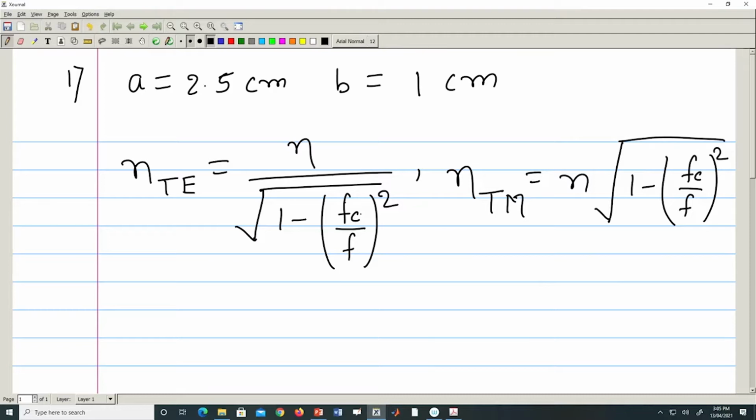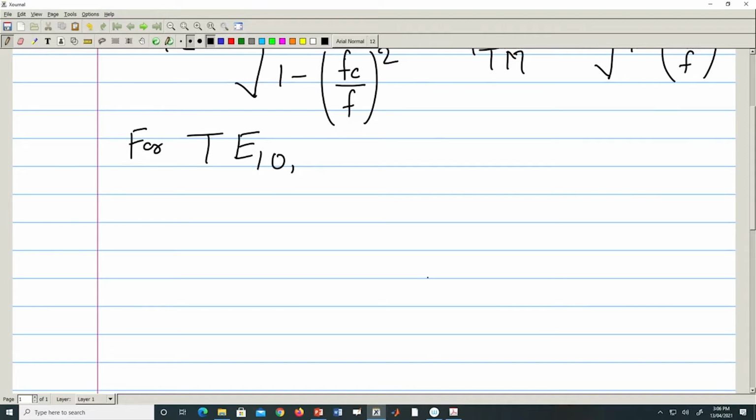For the TE10 mode, we know fc for a rectangular waveguide is defined as u by 2 times the square root of (m by a) whole square plus (n by b) whole square.